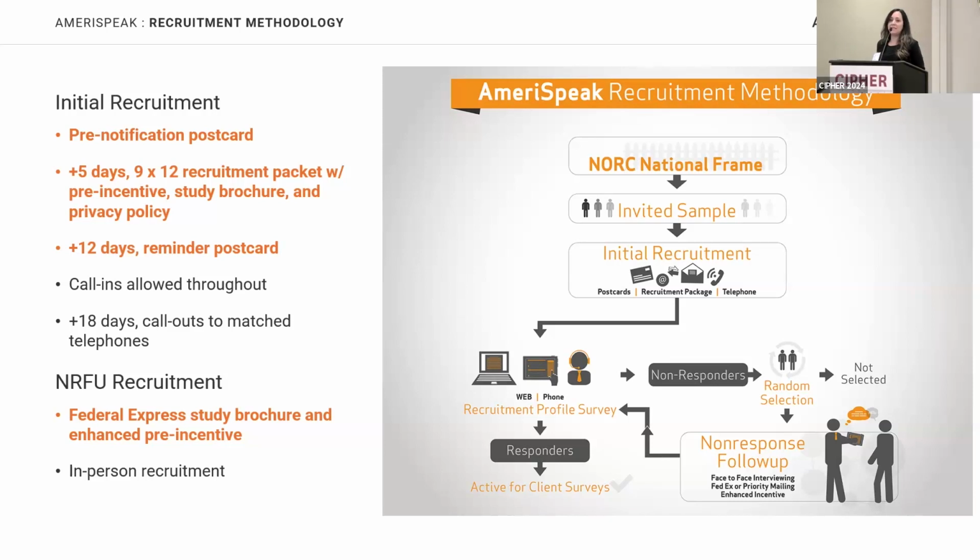After the series of mailings, we then call the sampled households that are non-responding and that are matched to a phone number via a vendor database. If they still do not respond, then 1 out of every 5 non-responding households are sampled into the non-response follow-up program, and these households receive a FedEx with enhanced incentives, as well as again the URL of the recruitment survey and an inbound phone number. If they still do not respond, we go and knock on their doors.